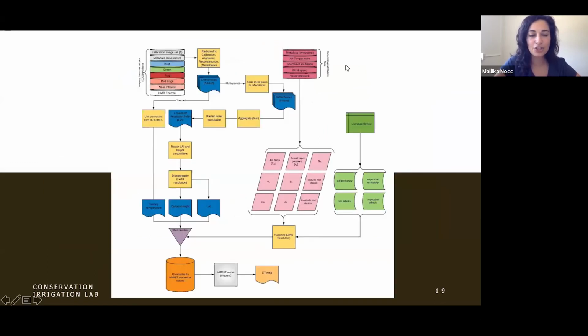Here's a flow chart of how our process works. We have the imagery that's coming in from the camera: our calibration image, metadata, the different bands, the thermal. I think maybe some of you came to the Metashape workshop. We use Metashape, so we do a radiometric calibration, alignment, reconstruction. We have an orthomosaic.